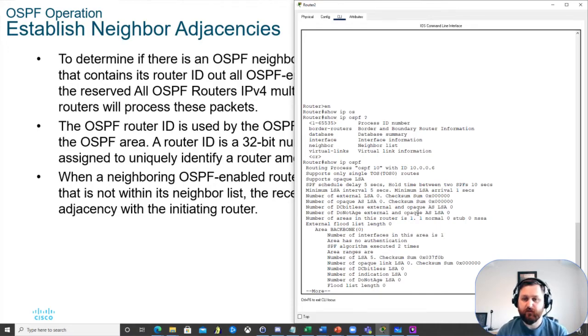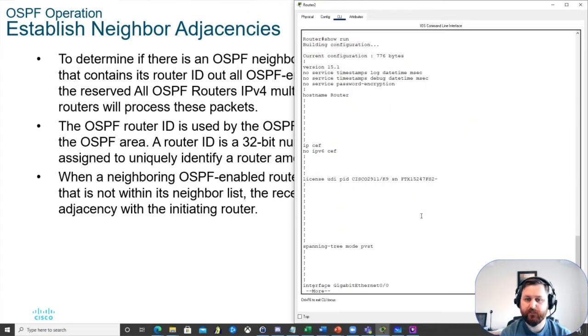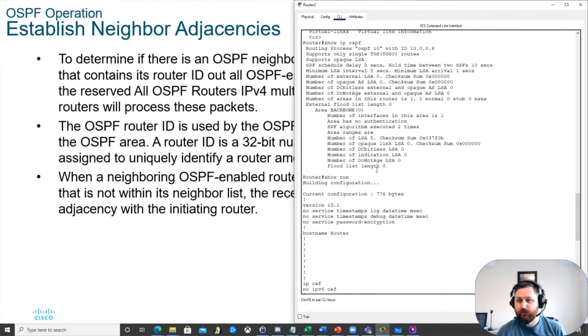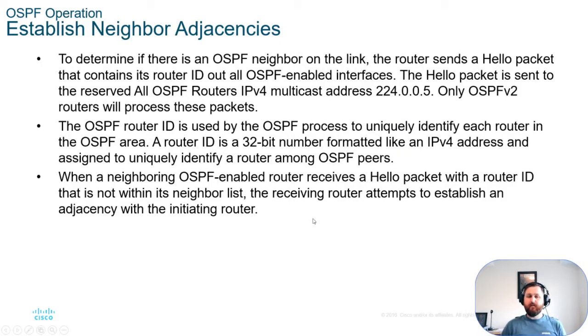Well, if you look at what I have in my running configuration, the only IP address I have is 10.0.0.6 on the GigabitEthernet 0/0 interface. So because I didn't manually set a router ID, and because there's no IP address set on a loopback, it pulled the highest existing IP address on an up and up interface and turned that into its router ID, and that was 10.0.0.6. So that's how it determines it.